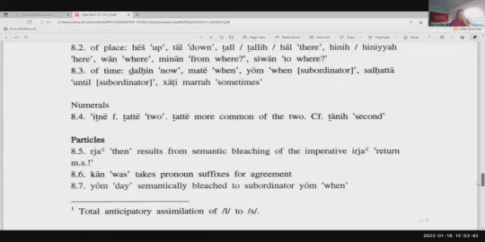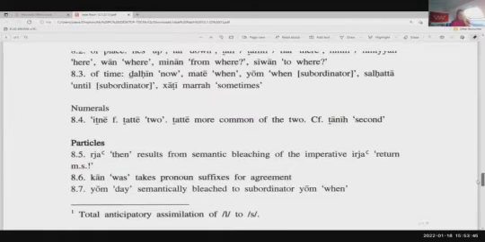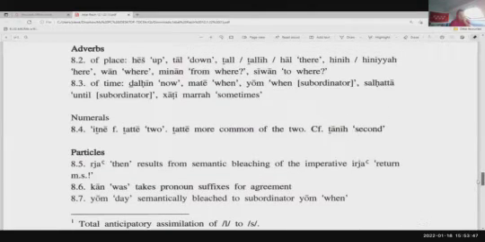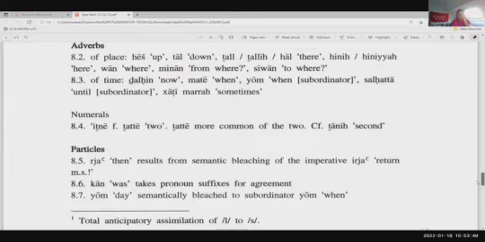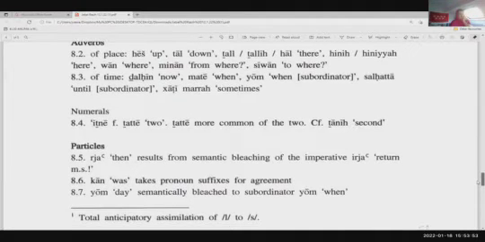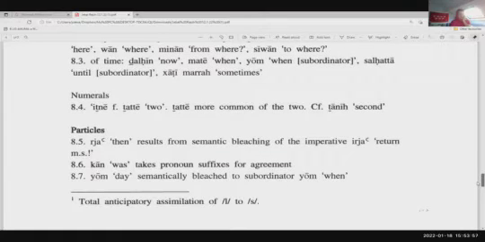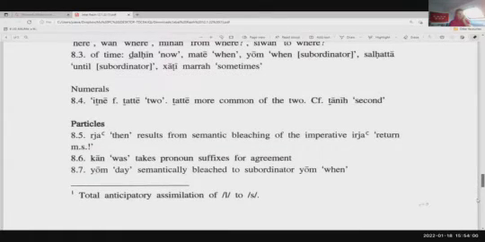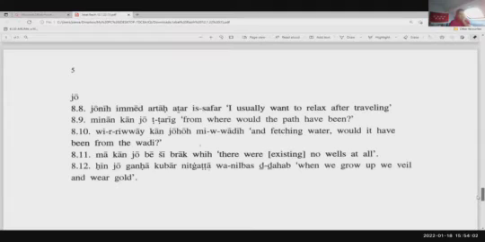And then some particles which are interesting. Irja has resulted from semantic bleaching of irja, return, it has the sense of then, and ken, was, which takes pronoun suffixes for agreement.